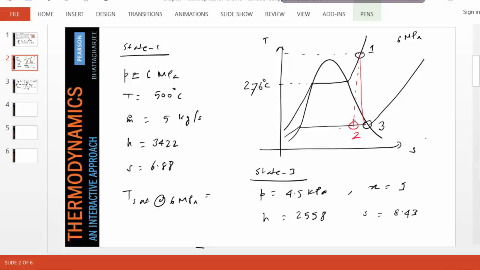So for the ideal turbine, if we can find the exit state 2, then we can calculate the ideal output. Let's try to find state 2, where pressure is given, same as state 3, and we know S equals S1, which is 6.88.